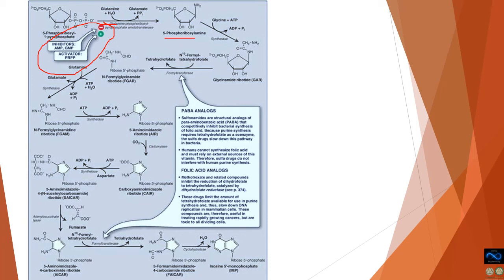This can be inhibited by AMP and GMP, which are the end products of this pathway. So if there is ample quantity of AMP and GMP, they will be able to inhibit this rate limiting step, preventing the conversion of PRPP to the phosphoribosyl amine form.